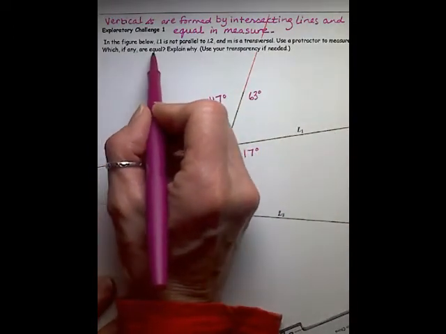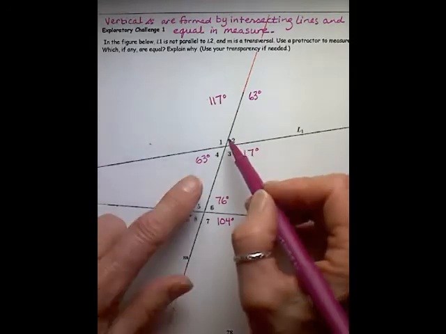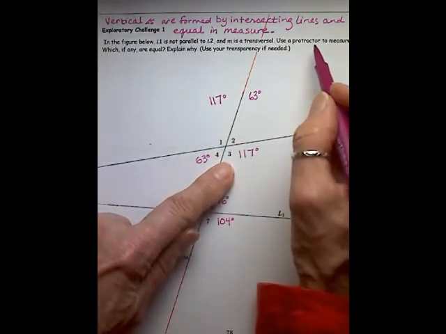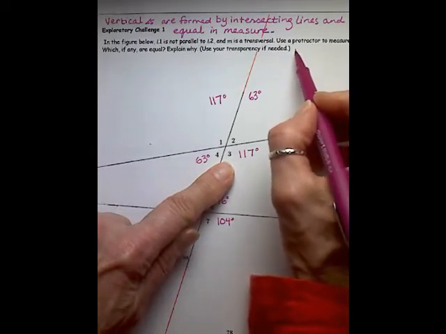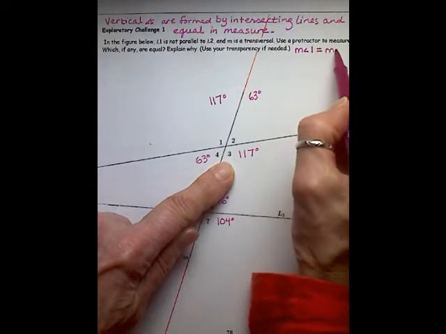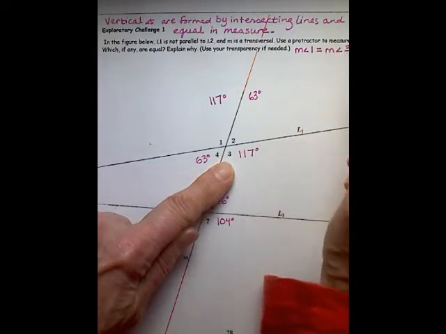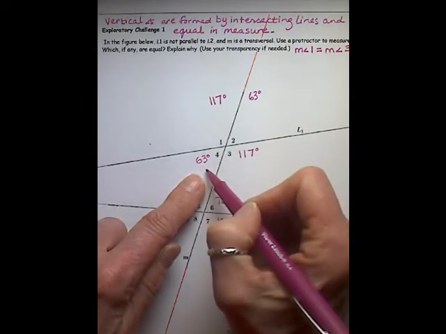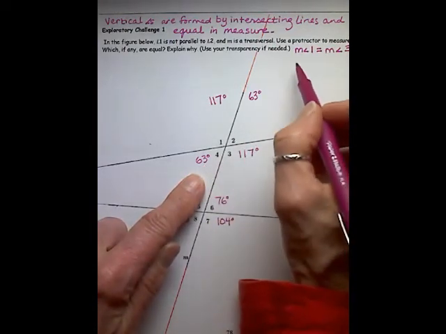Which, if any, are equal? So we know that the measure of angle 1 is equal to the measure of angle 3. Let's add that over here. The measure of angle 1 is equal to the measure of angle 3. And then the measure of angle 2 and the measure of angle 4 are both 63 degrees.